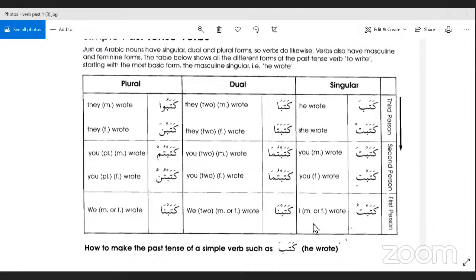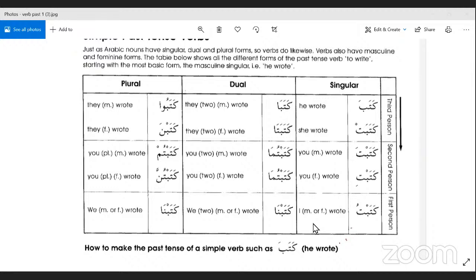Kataba means he wrote, and then at the end, if we add alif, katabā, so it's going to be two males, the two males wrote, and katabū, which is if more than two males.